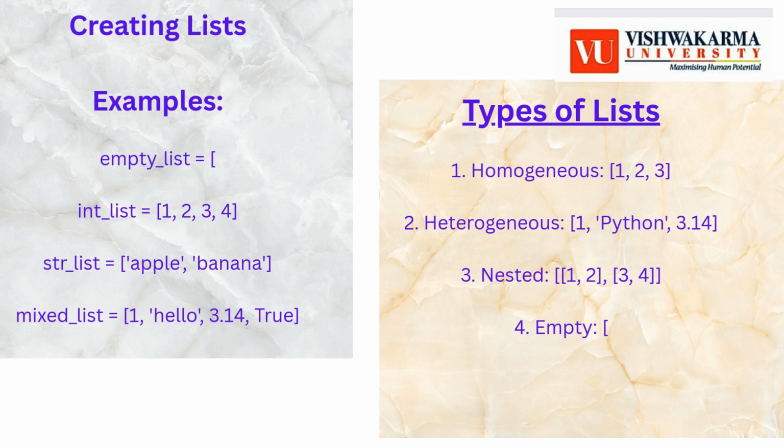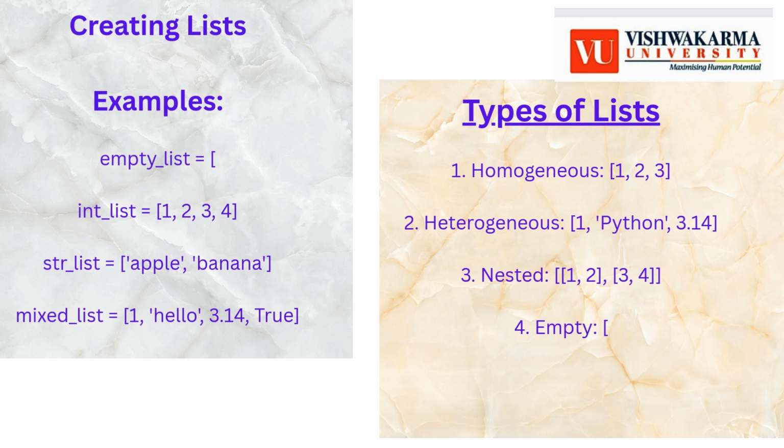Second is int list, meaning integer list. So 1, 2, 3, 4 are an example of an int list. The integer list can be positive or it can be negative. Third is string list. In a string list the values are written in double quotes like apple, banana, and commas are given in between to separate them. Then the mixed list.